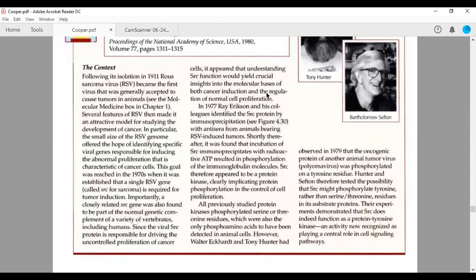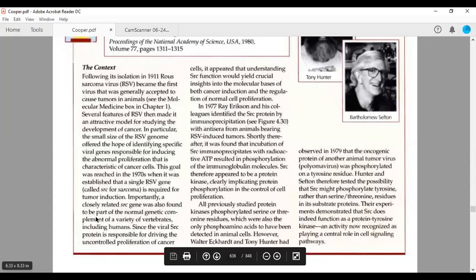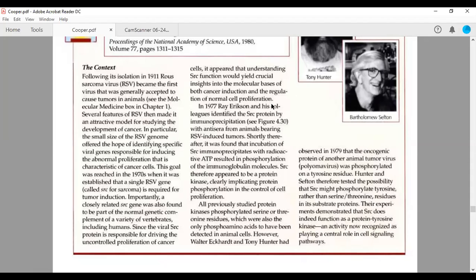First, to understand the molecular basis of cancer induction, how this SRC gene is able to induce cancer in normal animals. And second, regulation of normal cell proliferation, because a similar gene was found in humans and other animals also.